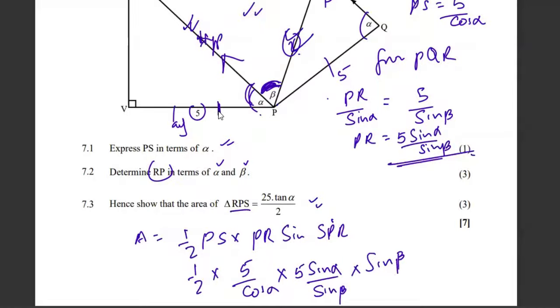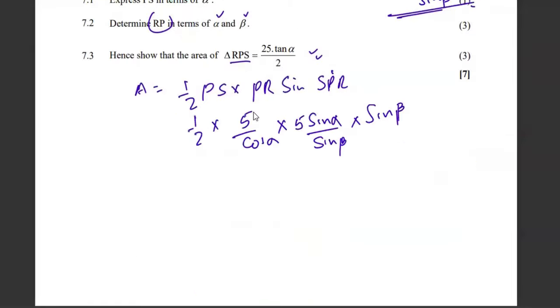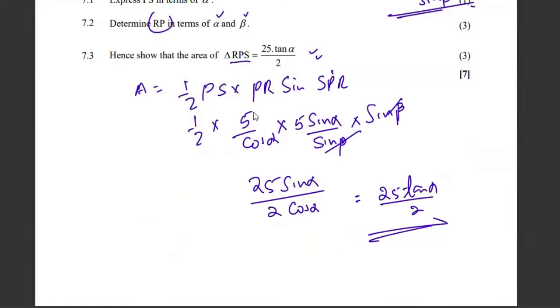All right, so let's just simplify this. The 5 and the 5 is going to give us 25. This can cancel that. So 25 sine alpha over 2 cos alpha. So sine over cos gives us a tan. So 25 tan alpha over 2. So that brings us to the end of question number 7.